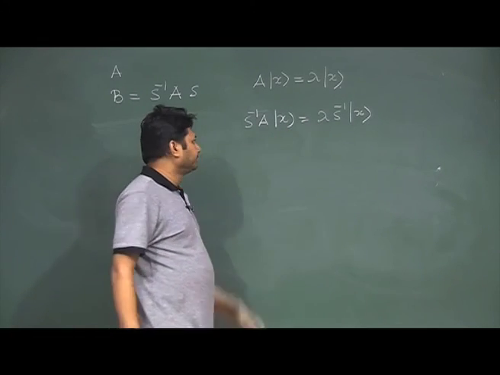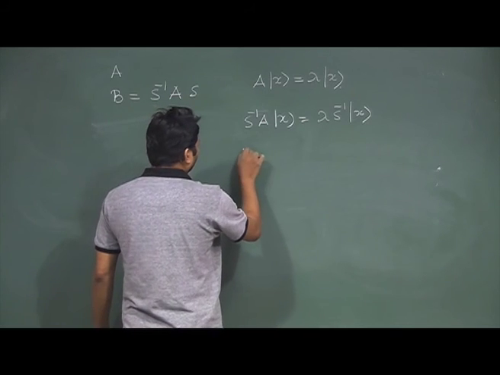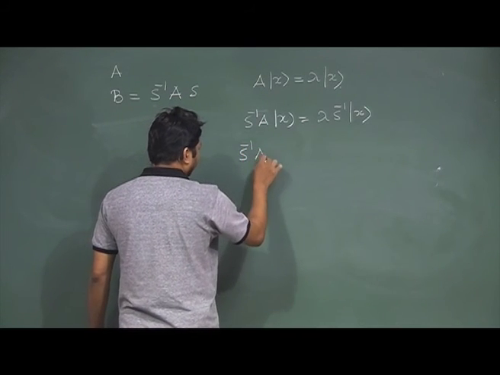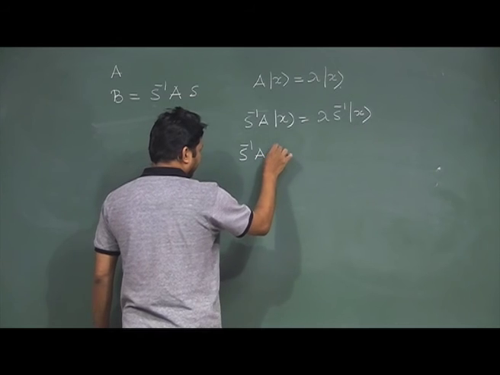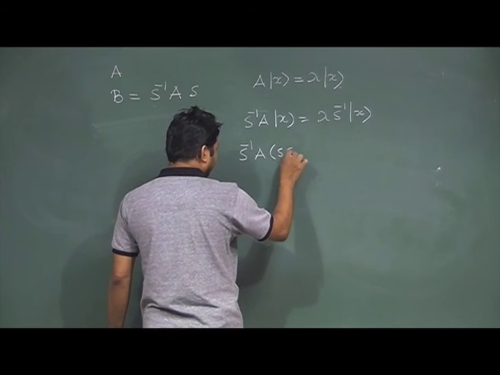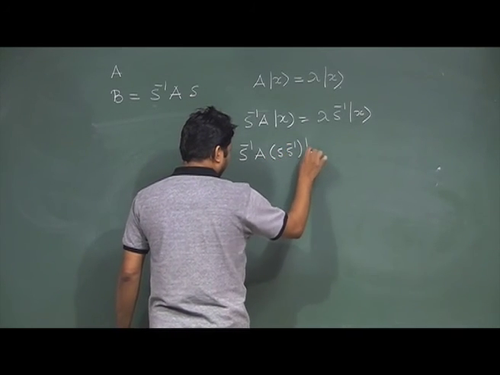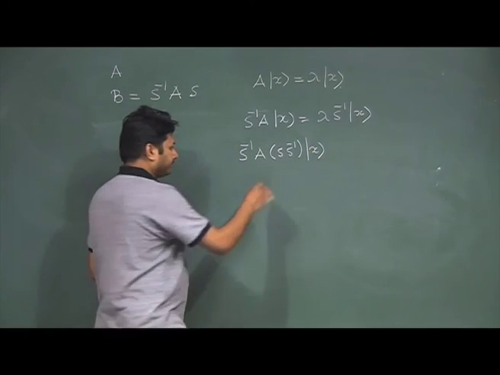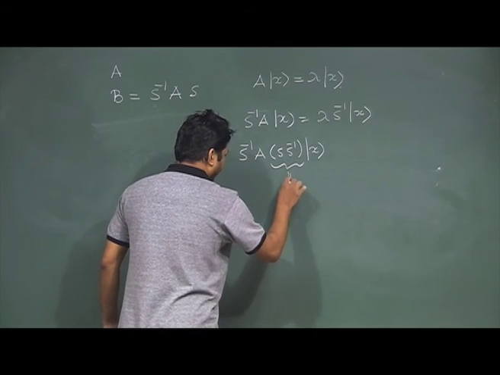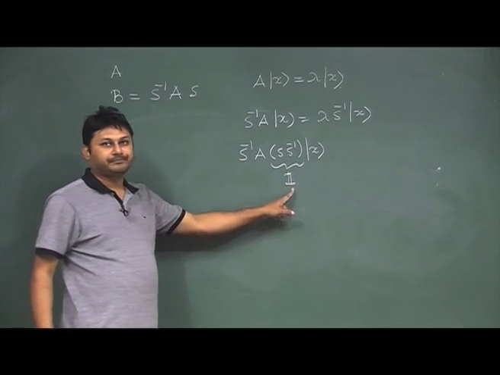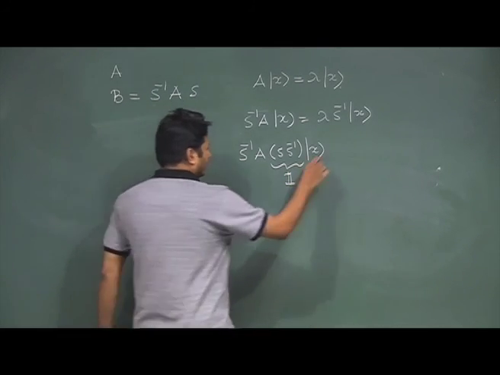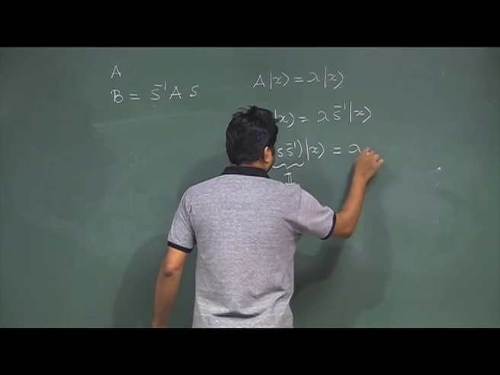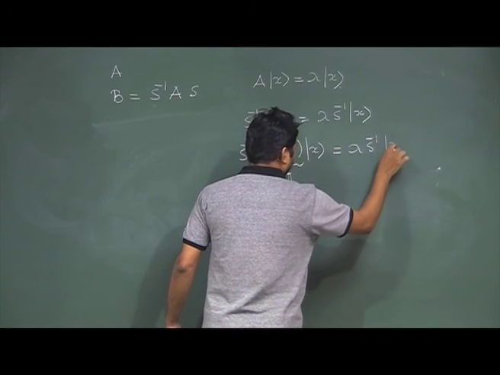Now, what I do is, in this place of S inverse A, I put one S inverse S. I can do that because S inverse S is unity. So, lambda S inverse x will remain.